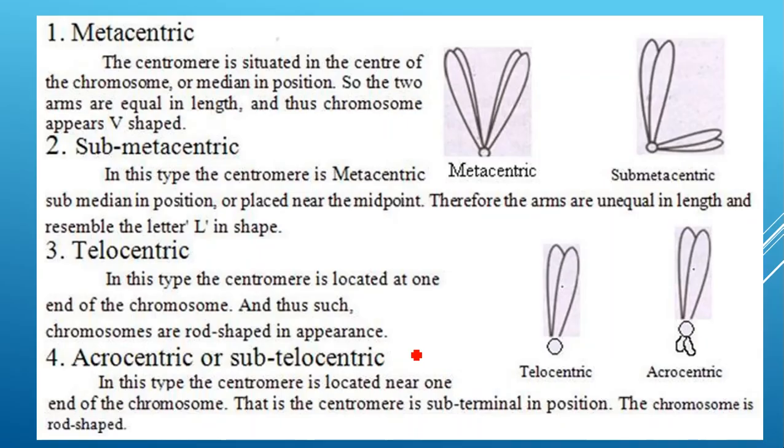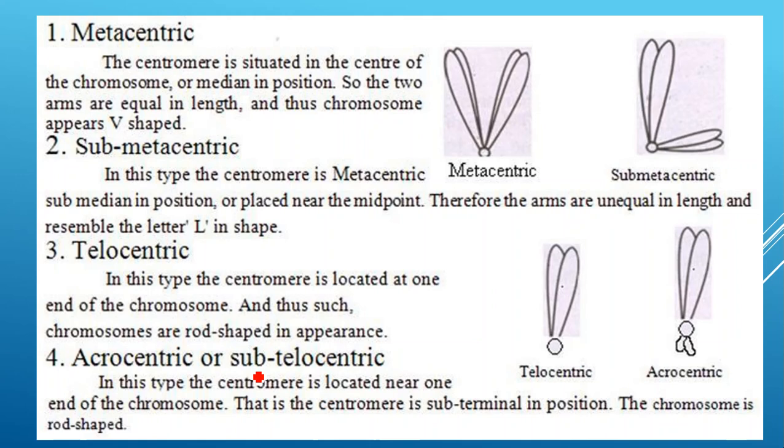Here you can see some structures. On the basis of position of centromere, that is the center, we classify them into four categories. One is metacentric. It is not compulsory that the centromere is at the exact center. It is present at nearby center.